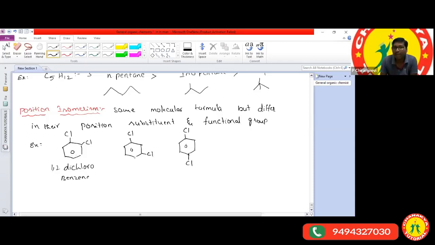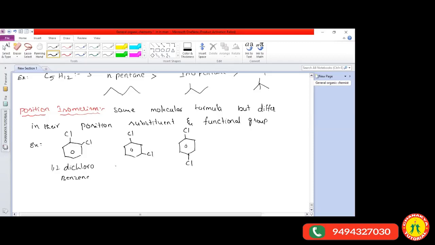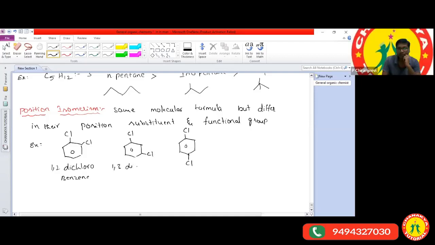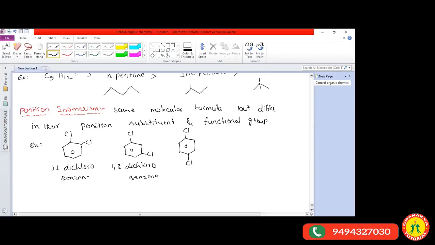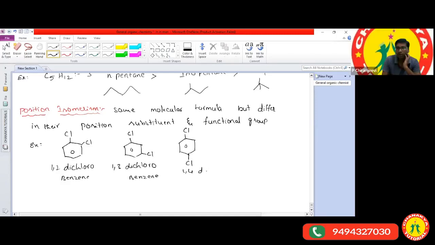Then what about the IUPAC name of the second one? 1,3-dichlorobenzene. Very good. Then what about the third one? 1,4-dichlorobenzene.